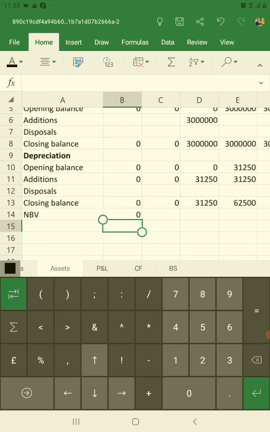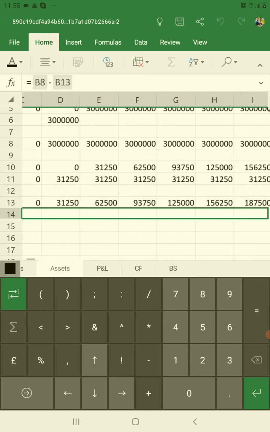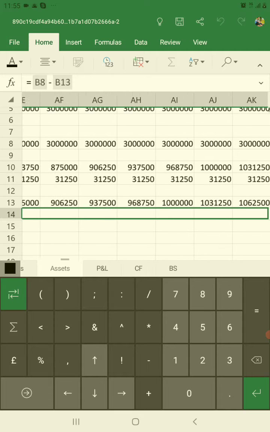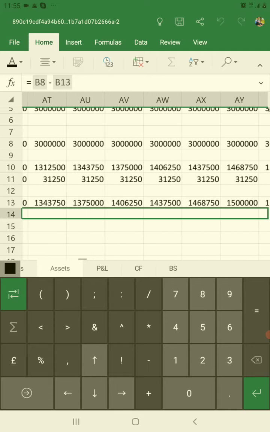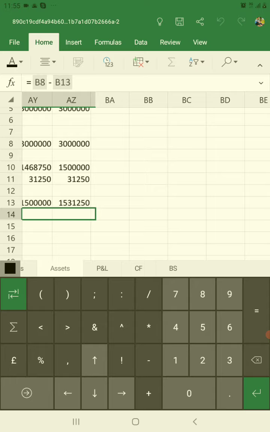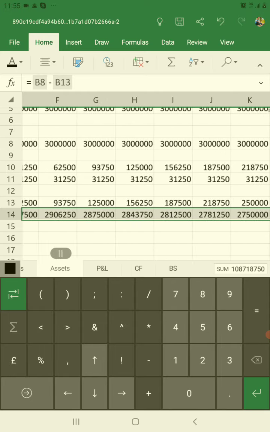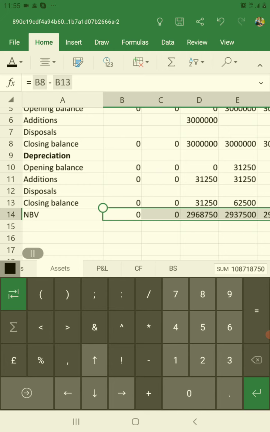So that is the net book value for furniture and fitting. And then I tap to fill, because this formula is true throughout our projection horizon up to there.